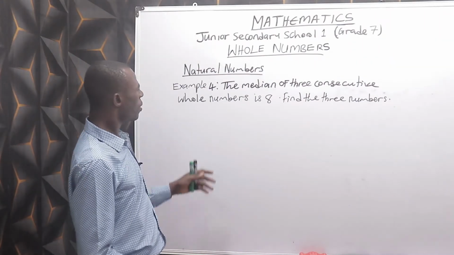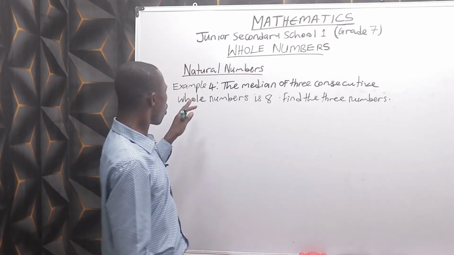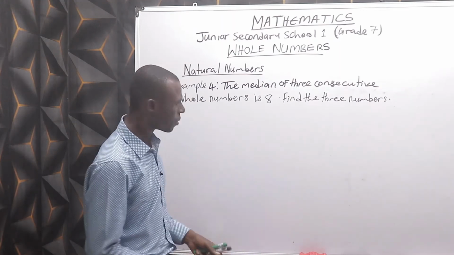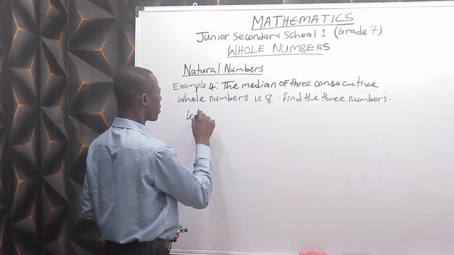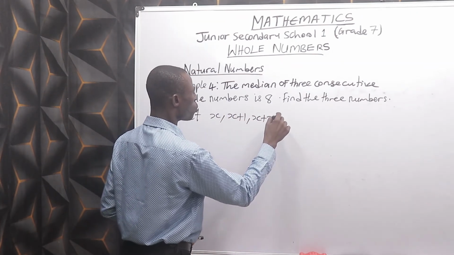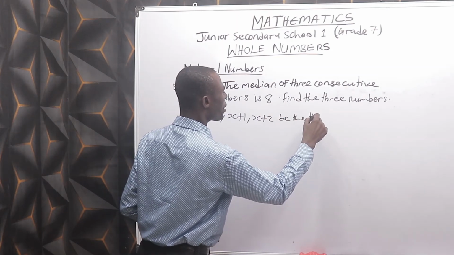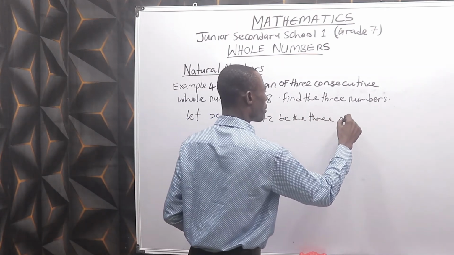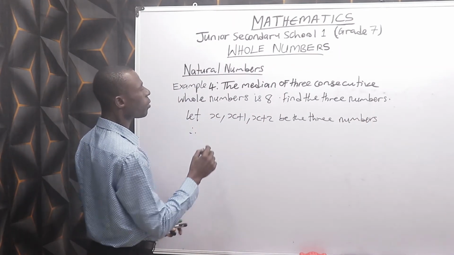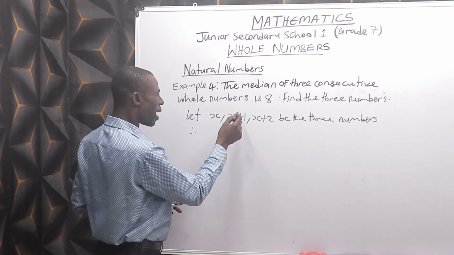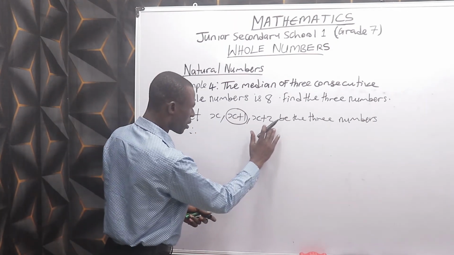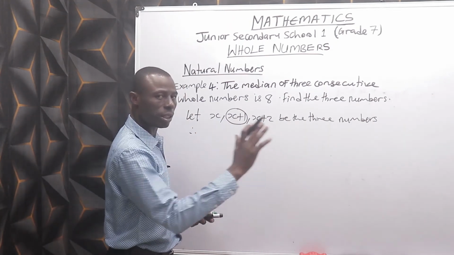Example 4. The median of 3 consecutive whole numbers is 8. Find the 3 numbers. Let x, x plus 1, x plus 2 be the 3 numbers. Therefore, the median here is x plus 1, the middle value, because these numbers are already arranged in ascending order.